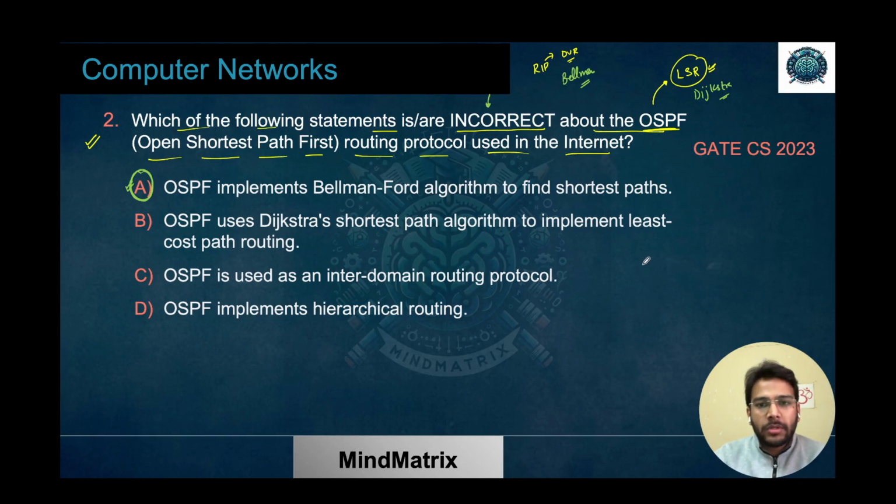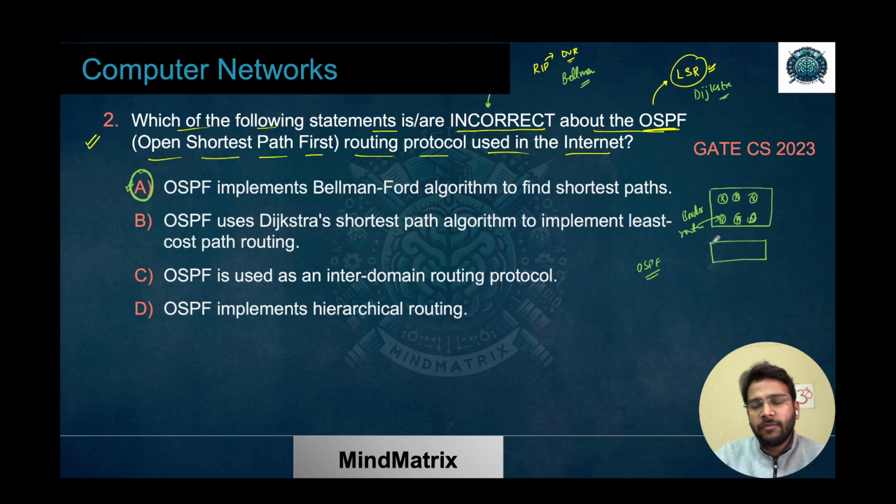If you know the concept, in case of OSPF, it is hierarchical routing. Why? We have a set of routers here. Right? And let's say this is the border router.